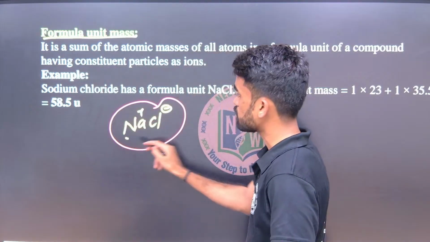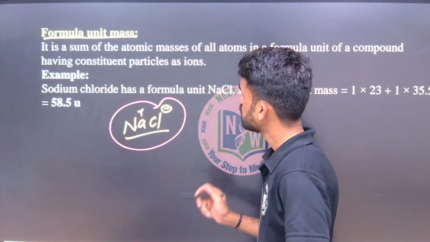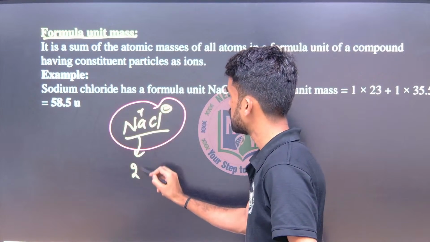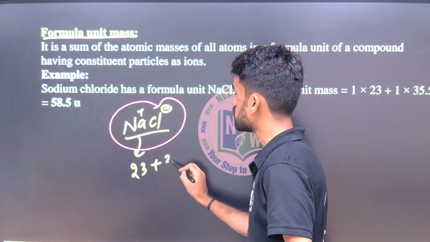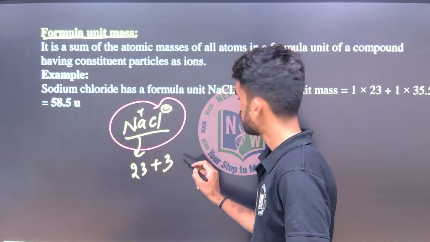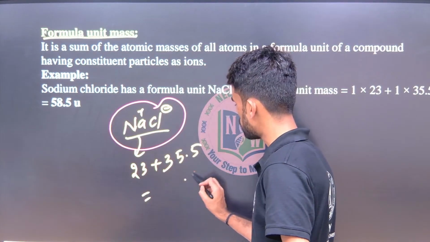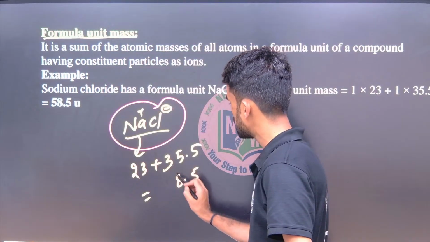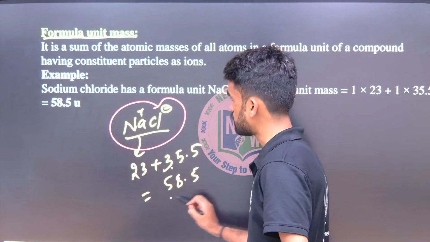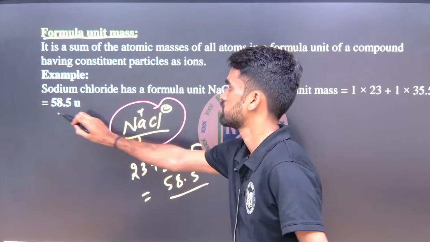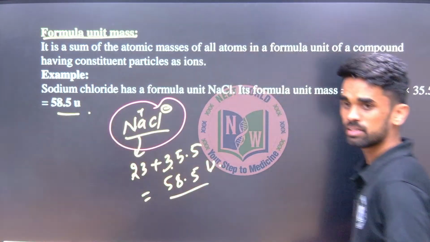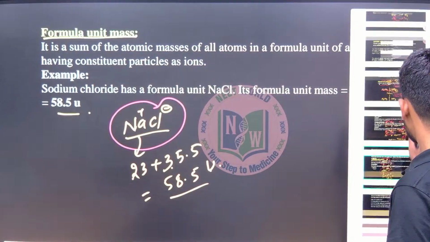This is the formula of the NaCl ionic compound. For sodium it will be 23. For chlorine, how much did we get on average? 35.5. So 0.5 as it is, 5 plus 3, 8, 58.5 units. Okay, is this clear? Next.